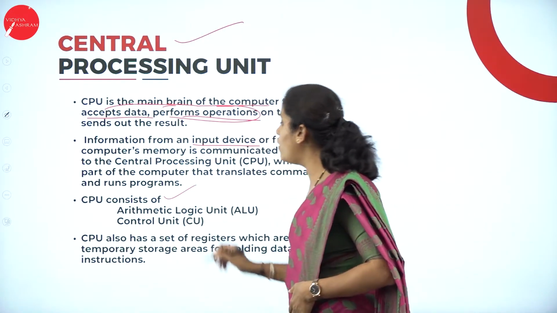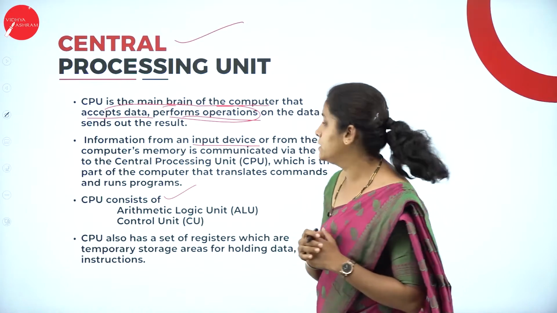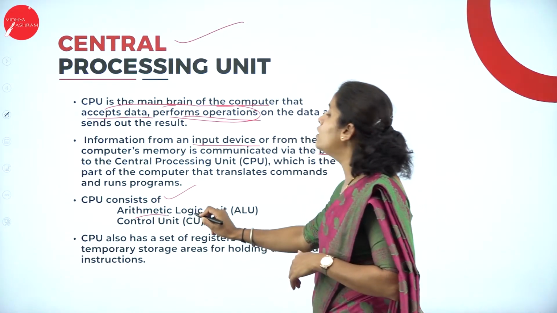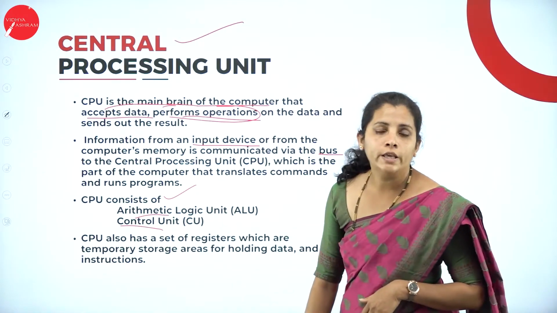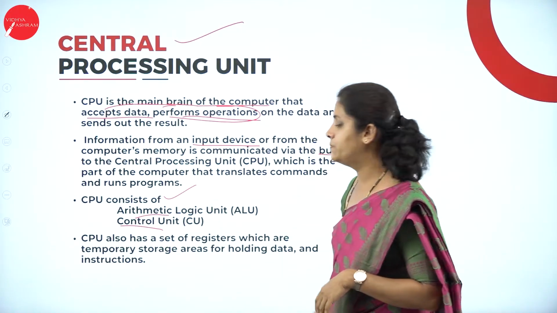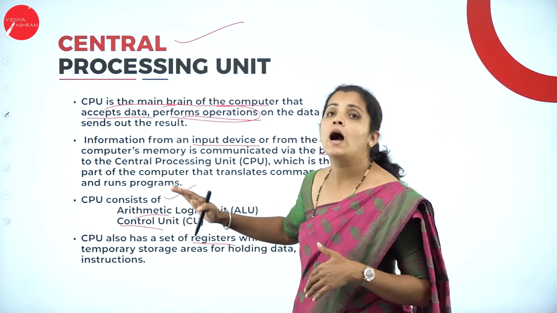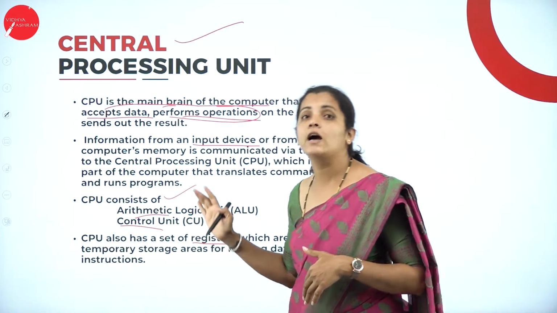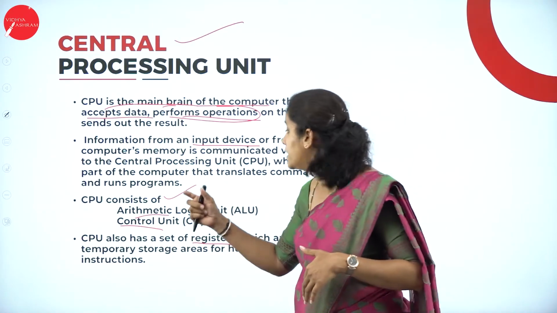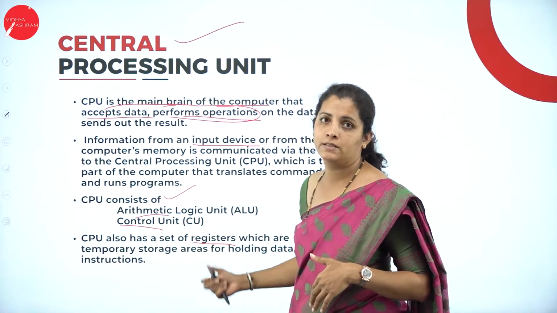CPU consists of ALU, that means arithmetic logic unit, and control unit or CU. CPU also has a set of registers. These registers are mainly used for temporary storage purposes.